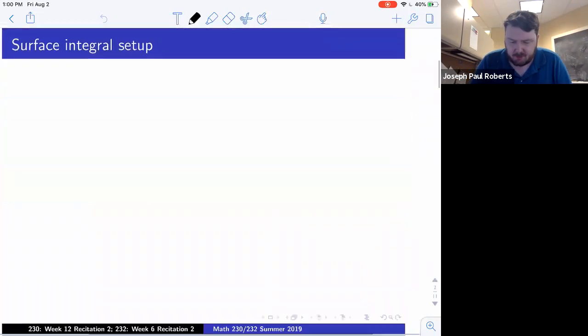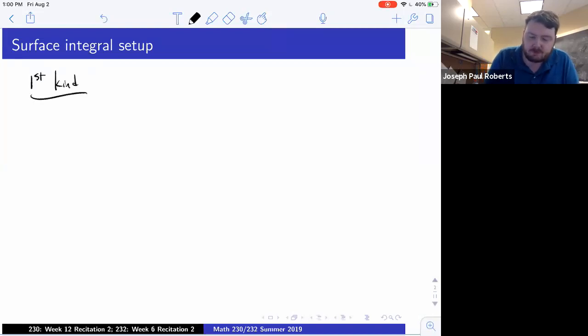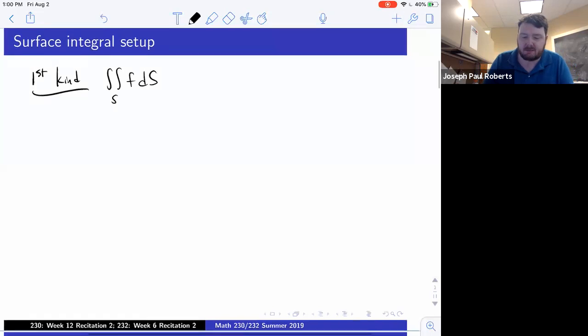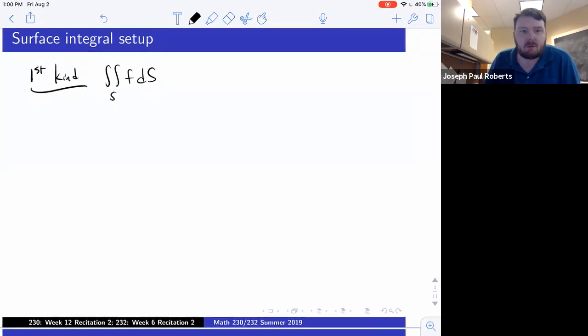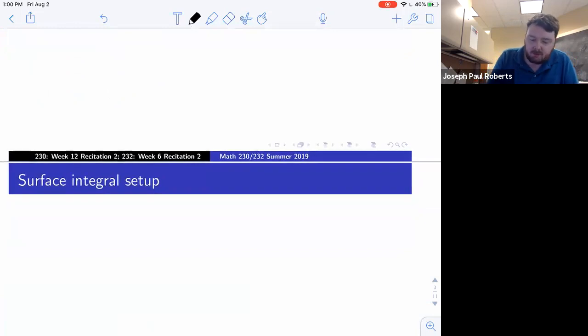But let's just briefly review the basic setup formulas for surface integrals just to make sure everyone's on the same page. So the first important thing to keep in mind for surface integrals is that there's two kinds. There's when you have a scalar integrand and when you have a vector field integrand.